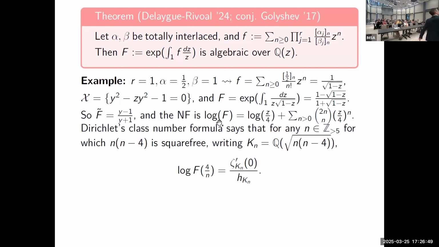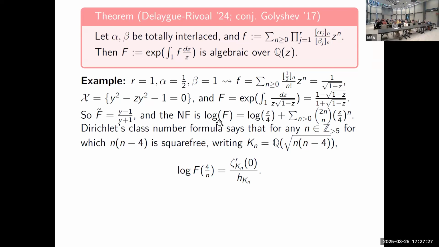And Dirichlet's class number formula then says that if we specialize to many Q points in this family, for any n at least 6 for which n times n minus 4 is square free, I guess you have to start with 7, writing K_n equals Q of the square root of n times n minus 4, a quadratic number field, then log of f at 4 over n, so that's a special value of the normal function, is a special value of the zeta function of the field, zeta prime at 0, over the class number of the field.